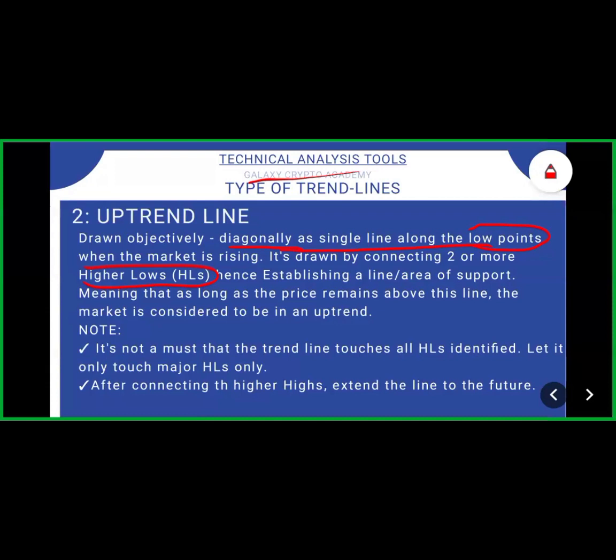So as long as it comes and touches your support line, your diagonal trend line on that rising trend, and reverses to the upside, this is the trend line, let's assume, when you draw it.